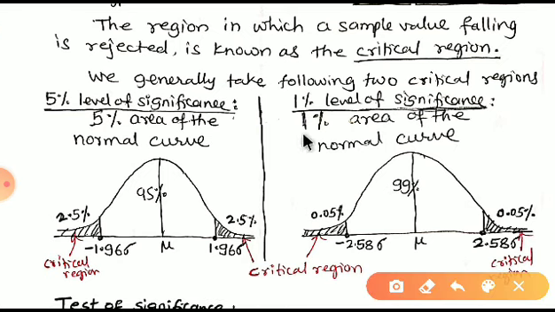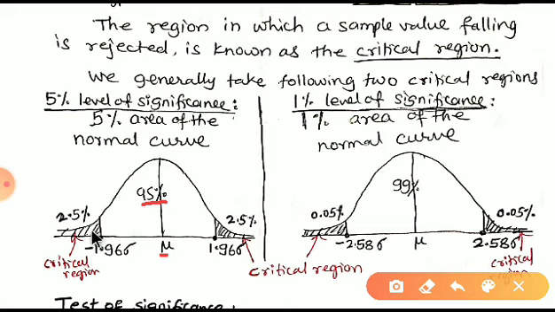Now here, the critical region for 5% level of significance. 5% area is shaded on this normal curve. This is the normal curve, this is the mean. Left side of the mean all values are negative and right side of the mean all values are positive. 95% of the region is not shaded.